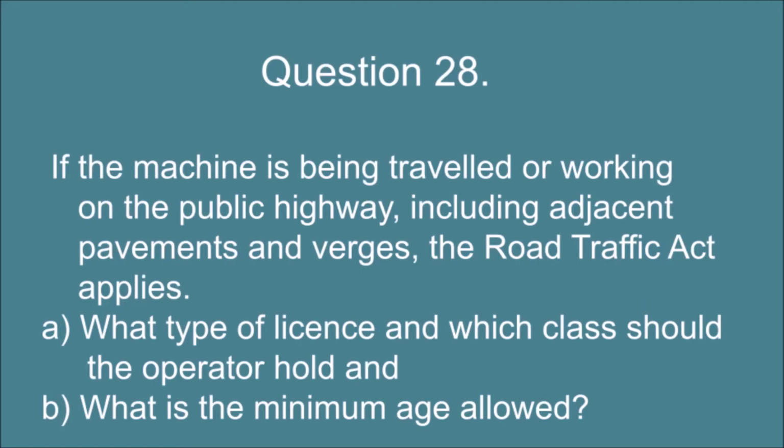Question 28. If the machine is being traveled or working on the public highway, including adjacent pavements and verges, the Road Traffic Act applies. A. What type of license and which class should the operator hold, and B. What is the minimum age allowed?